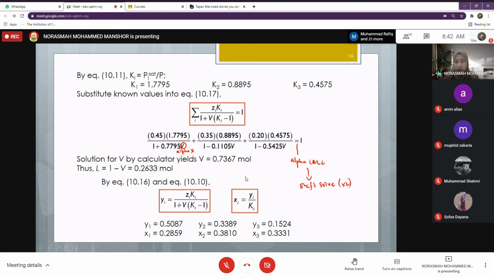You substitute the V you got just now into this equation, and you get y1, y2, y3. And then x is equal to y over K.